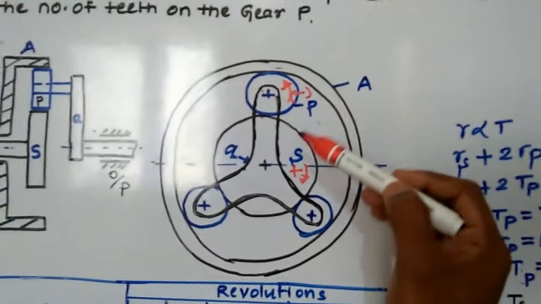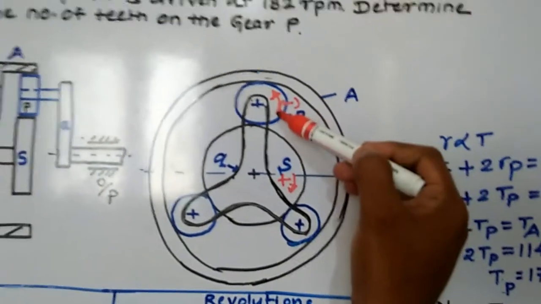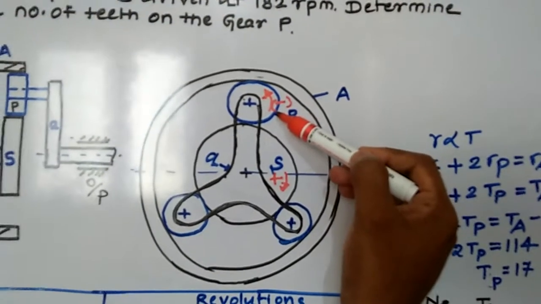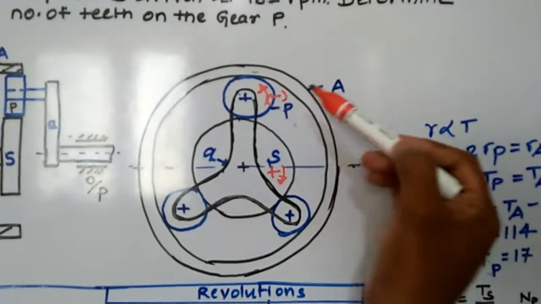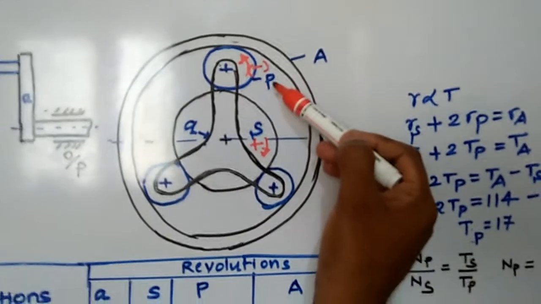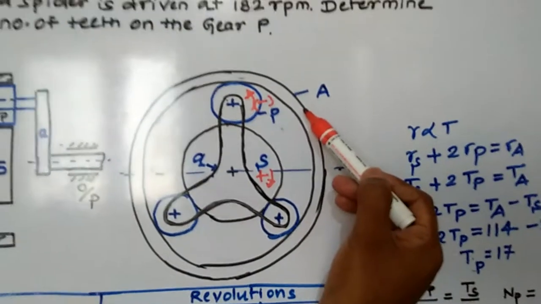For the sun gear and planet gear also, the sun gear becomes the driver and the planet gear becomes the driven, as it is in direct contact with the planet gear. Here also, between the planet gear and the annular gear, the planet gear becomes the driver and the annular gear becomes the driven.